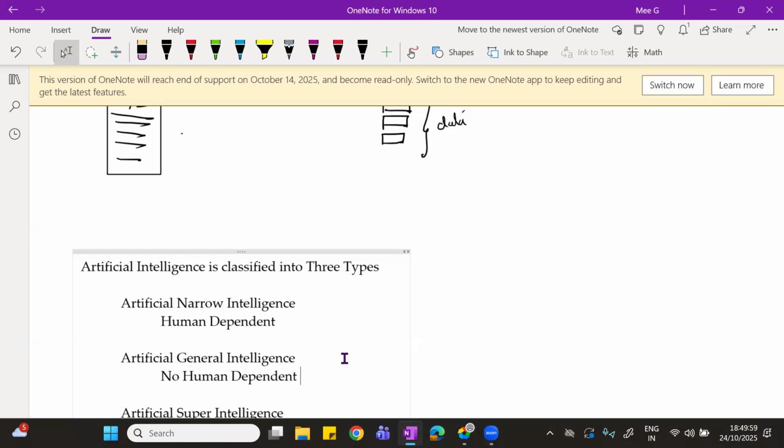Maximum of them will work on humans, but some will not work on a particular type of human, and they may get reactions because of that.